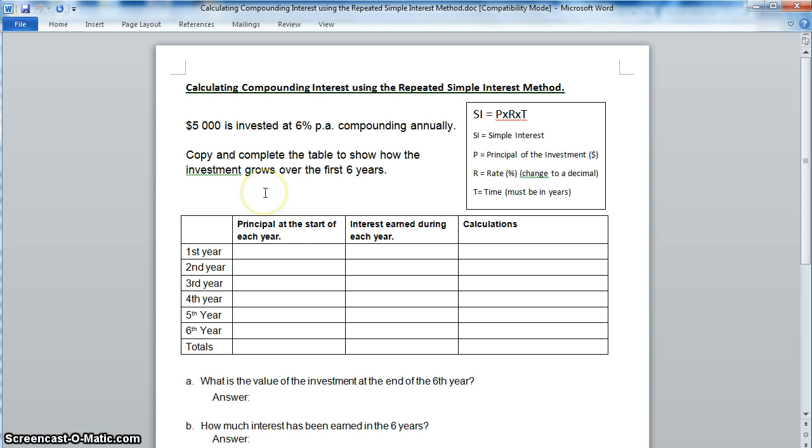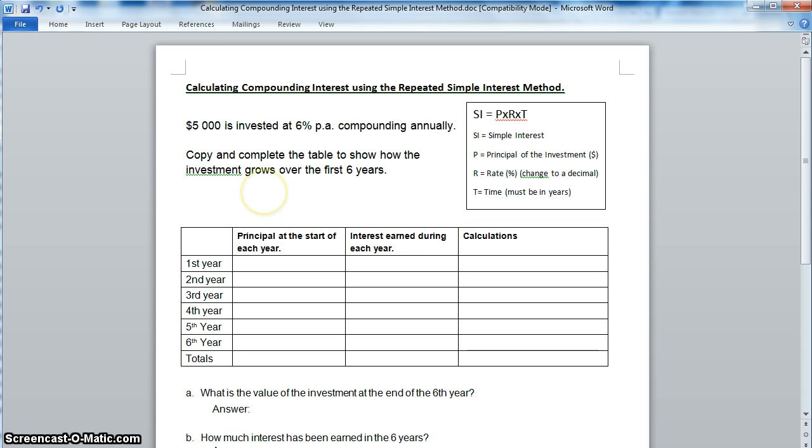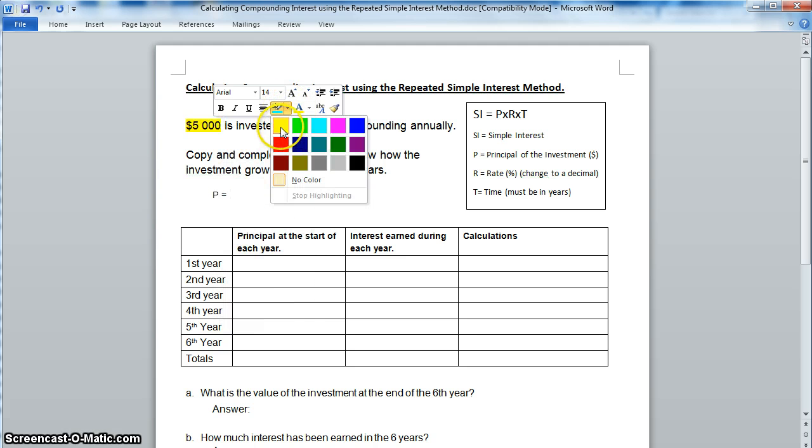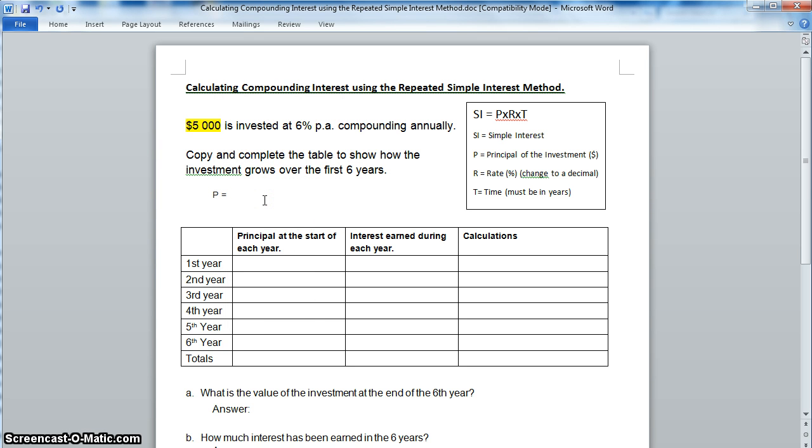So first, let's identify what P, R, and T are in this problem. So remember, P is the principal, which is the amount that we invest, which in this question is $5,000. And I've highlighted that for you there.